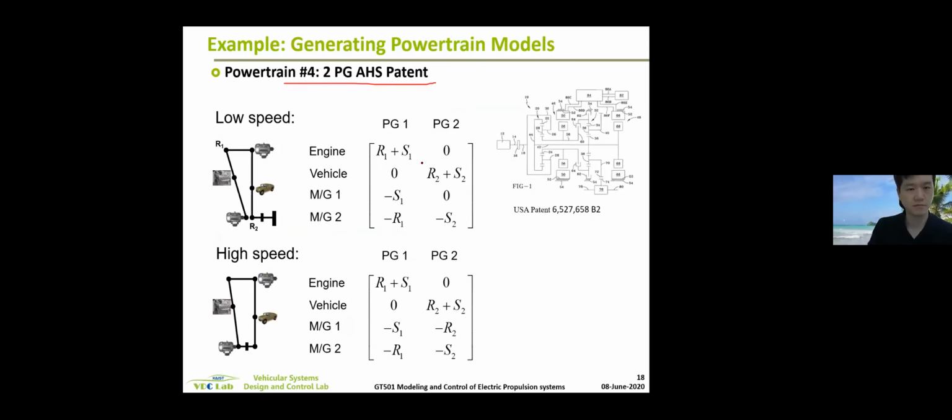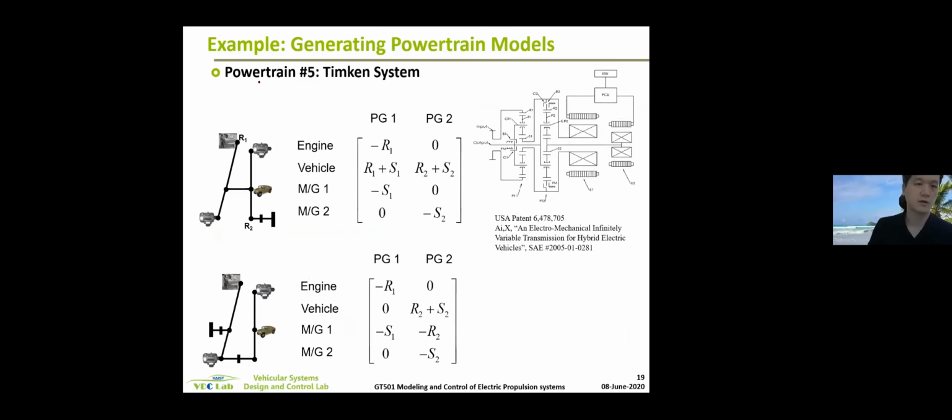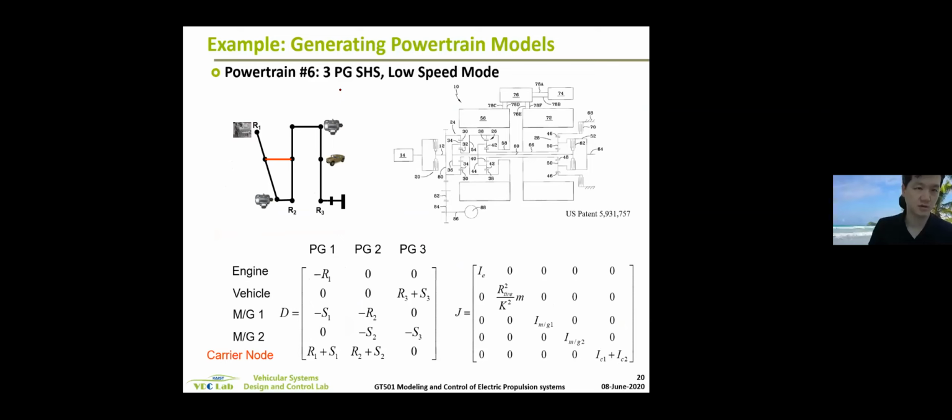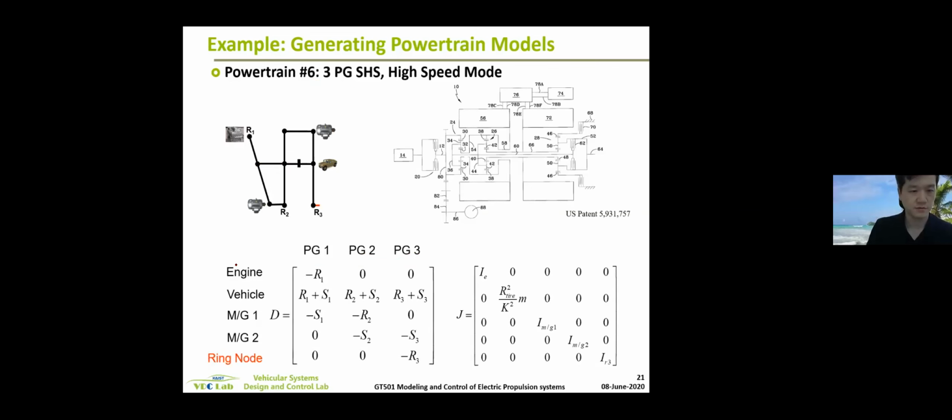Anyway, Allison hybrid, we talked about this, low speed, high speed. We just need to find the D matrix for the 2 modes, and then it can even be 3 PG. We can do 3 PG, so 3 columns, and then we need 5 nodes, 5 rows. So this can be so powerful, right?